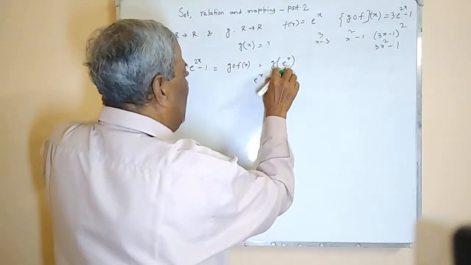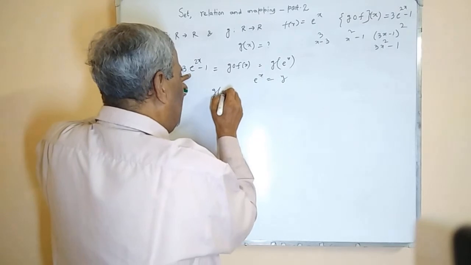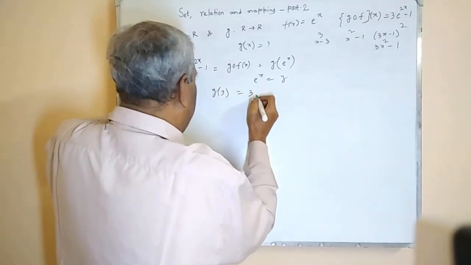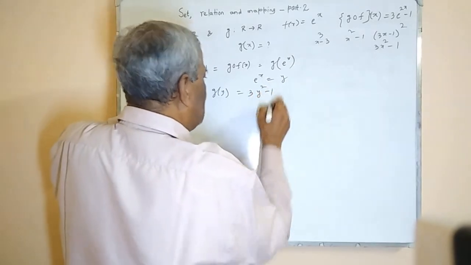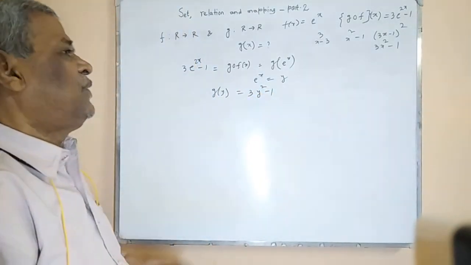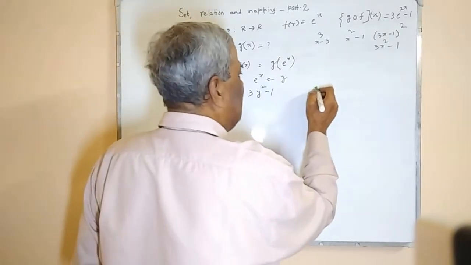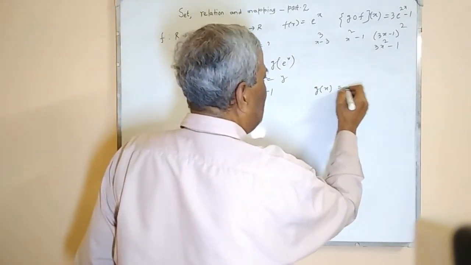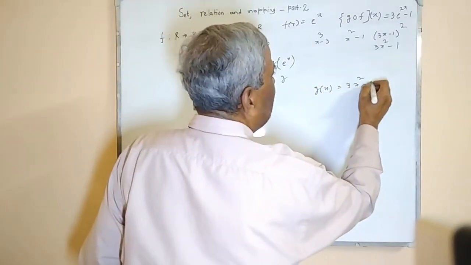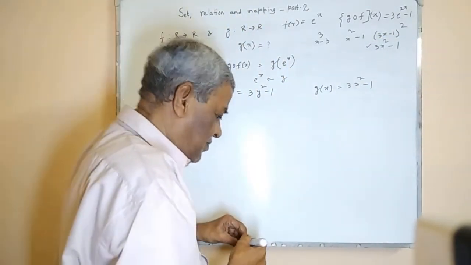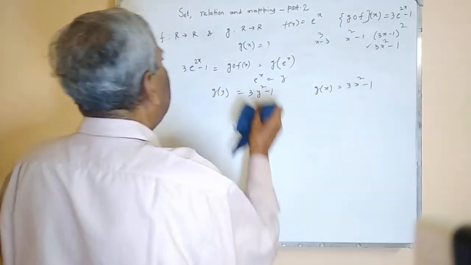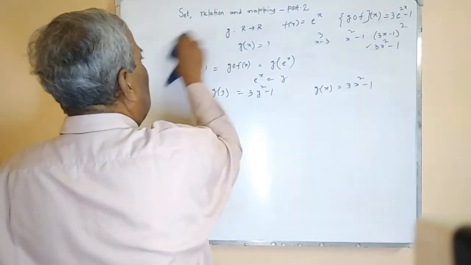Then we get g(y) equal to 3 times (e to the power x) whole squared, that is y squared, minus 1. So g(y) is equal to that. Hence g(x) is equal to 3x squared minus 1. The fourth option is correct. Our next problem.